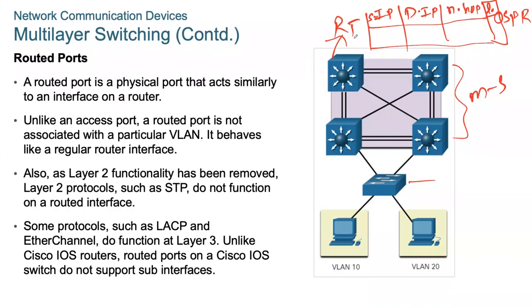Some protocols such as LACP, or Ethernet channel, do function at layer 3. On Cisco operating system switches, the routed ports do not support sub interfaces.